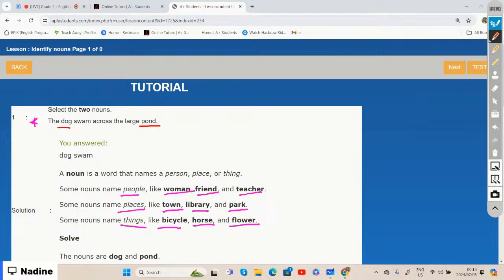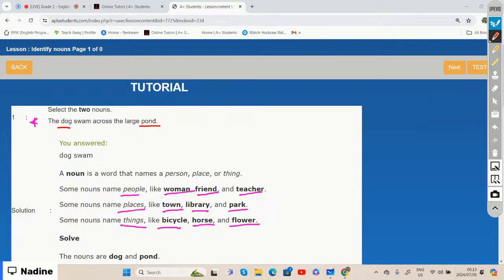Remember, we did nouns yesterday or the day before, but we only focused on the two lessons. So this is the other two lessons. Because remember, I don't do all lessons at once. We break down the lessons.